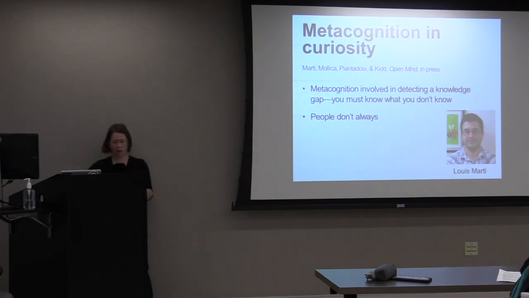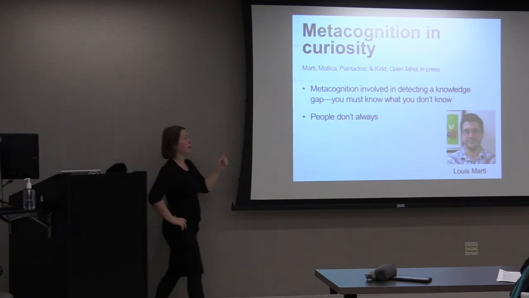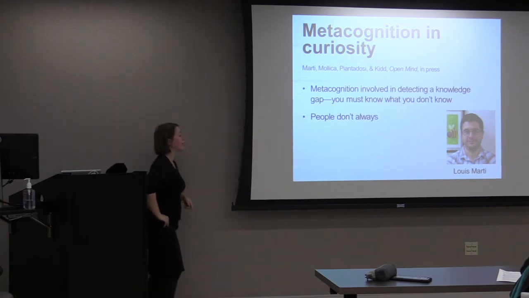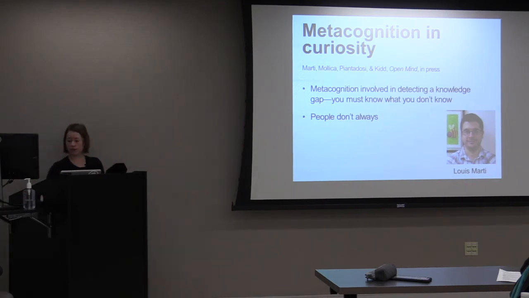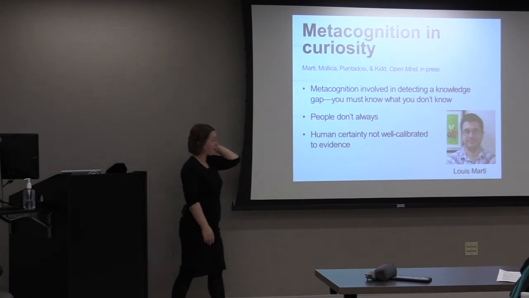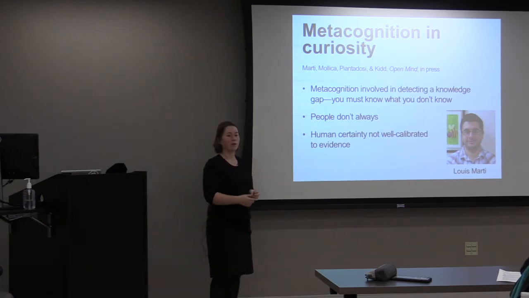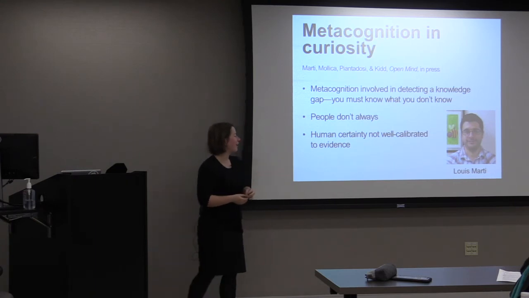He has a series of work that I'm not going to have time to get into in detail, but the paper just got accepted in Open Mind, and I'd be happy to discuss it at breaks, about people's certainty and where it comes from. What he's found, in a nutshell, is that human certainty is not well calibrated to the evidence at all. We knew it wasn't going to be perfectly calibrated, but we expected better than what we saw.